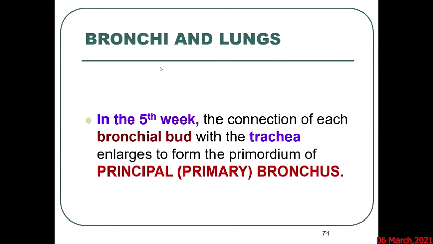This comes very often in exams because there is clinical importance. The right principal bronchus is narrower, longer, and more in line with the trachea than the left. As a result, there is more chance of infection in the right lung.